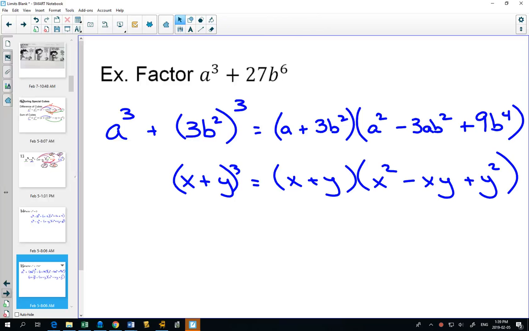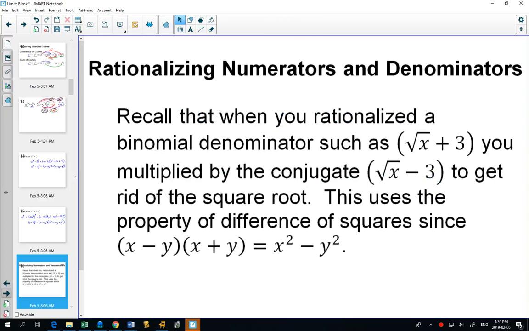Okay. We've got a couple more things that are going to be sort of background setup things for limits. Back in grade 11 with radicals, you learned that to simplify, you had to rationalize the denominator.